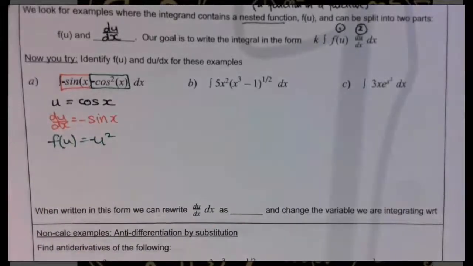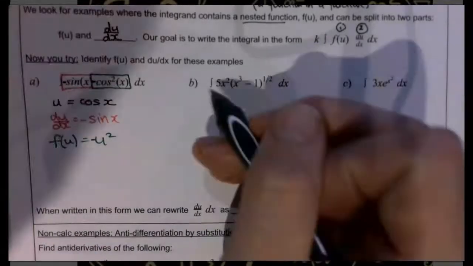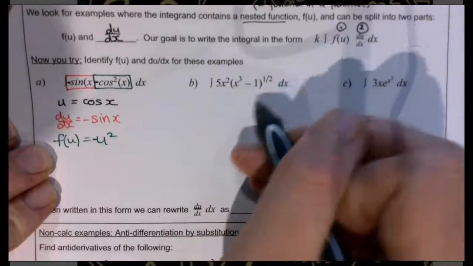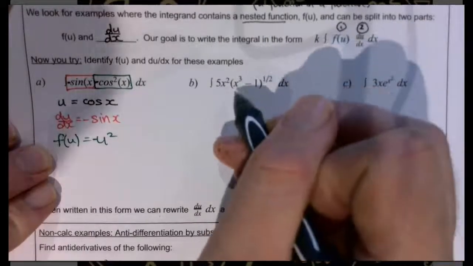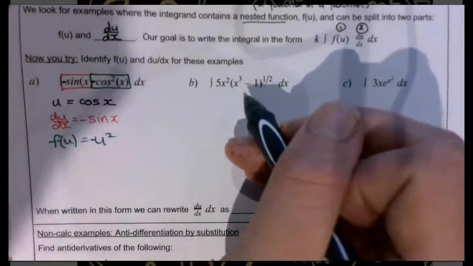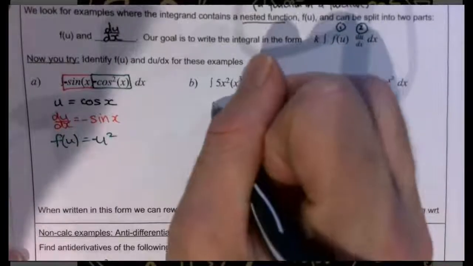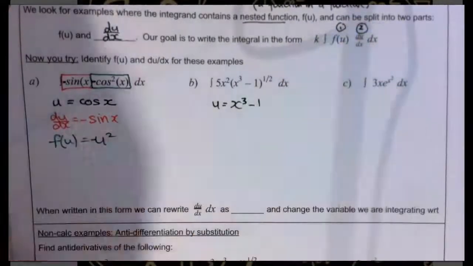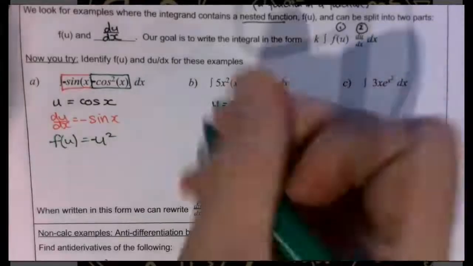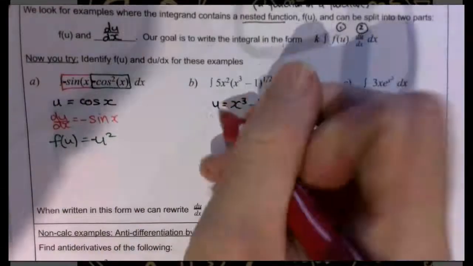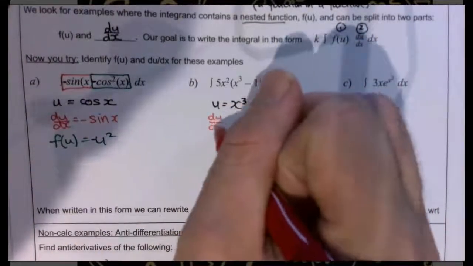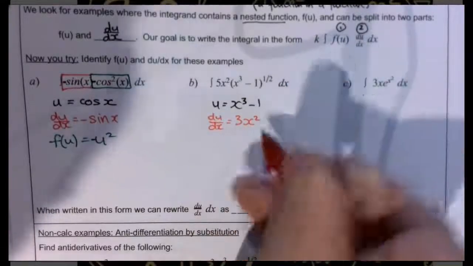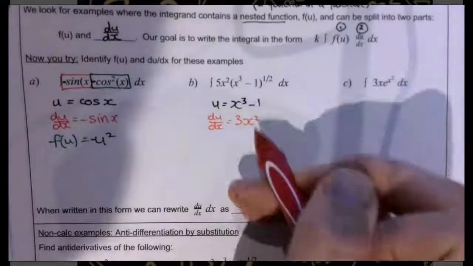In a second we'll go on to solve that. For the second one here, we're looking for this nested function, and I think I can see it here. So the nested function is going to have u as x cubed minus 1. If u is x cubed minus 1, then du by dx must be 3x squared. And this almost balances at the front, right?